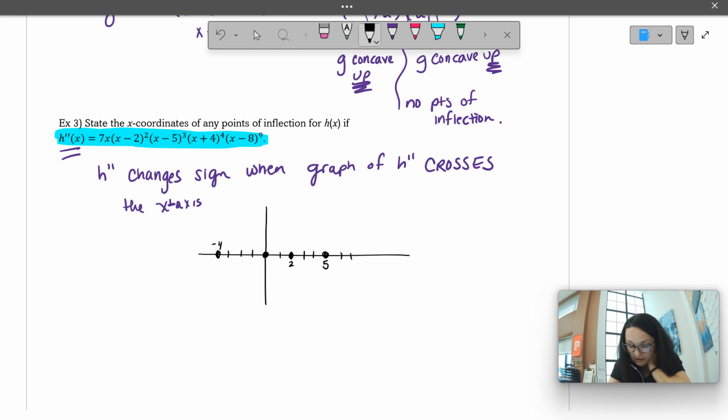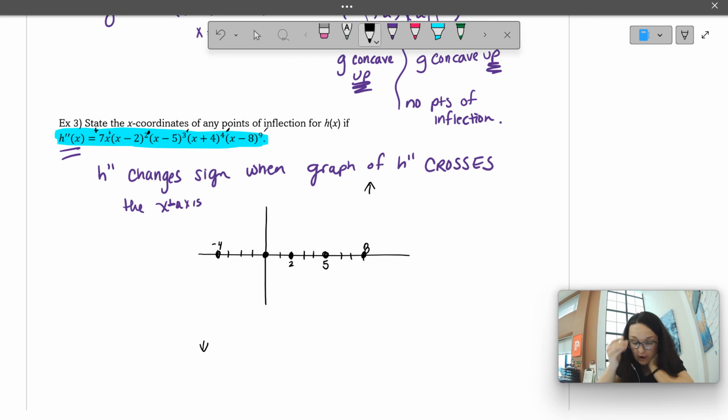X minus 8, h double prime has a 0 at 8. And let's see, 1, 2, 3, 4, 5, 6, 7, 8, 9, 10, 19. This is a polynomial of degree 19, which means its end behaviors are different, and it has a positive lead coefficient, so it goes from low to high.